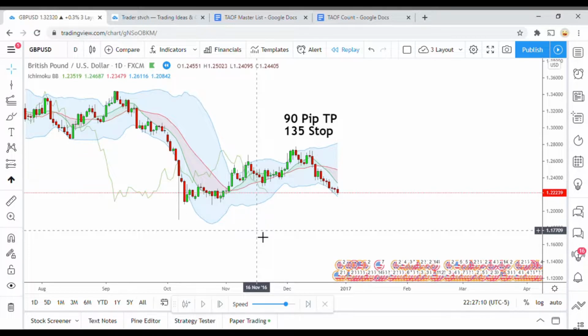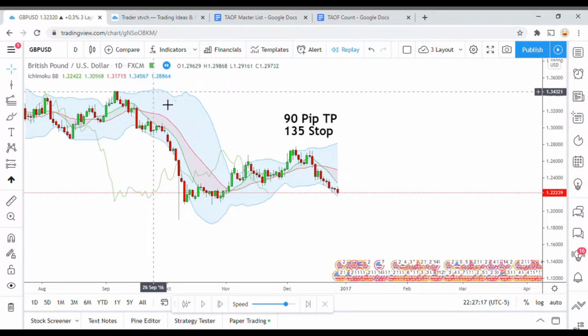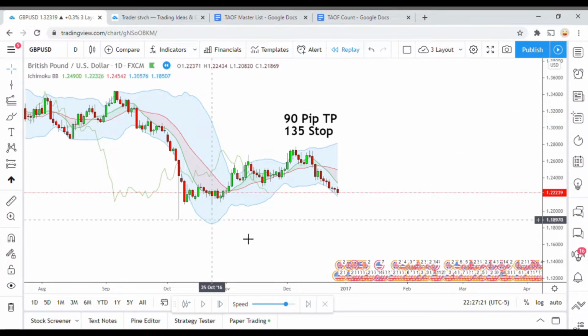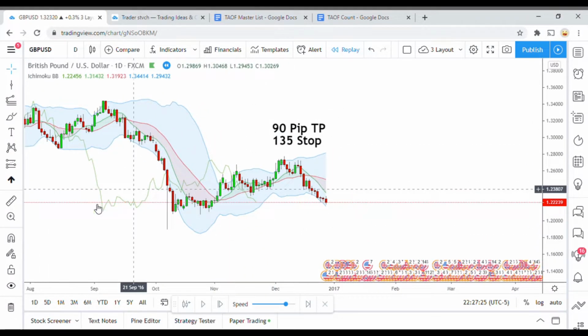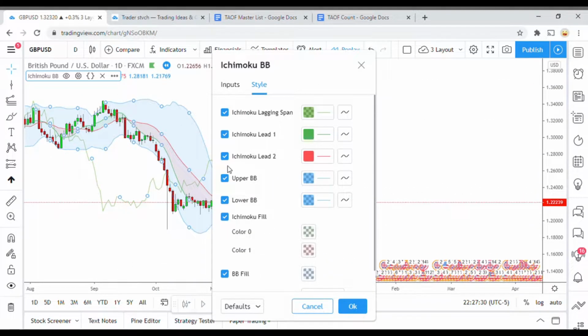That is an indicator to go either long or short, and that is basically what the creator has done here. And then, of course, there are the lower and upper bands of the Bollinger Band system itself, and like I said, the lagging span.